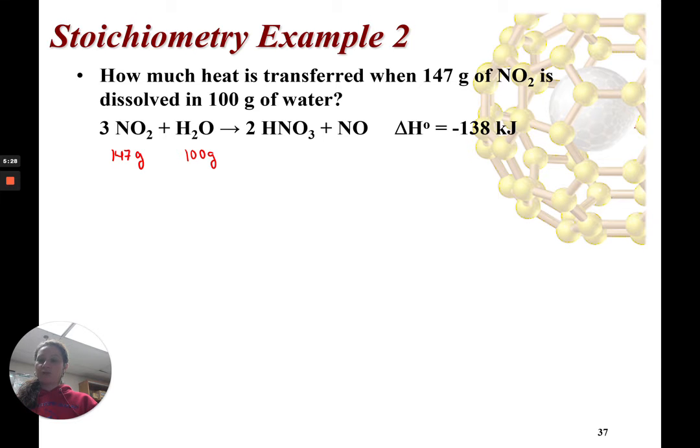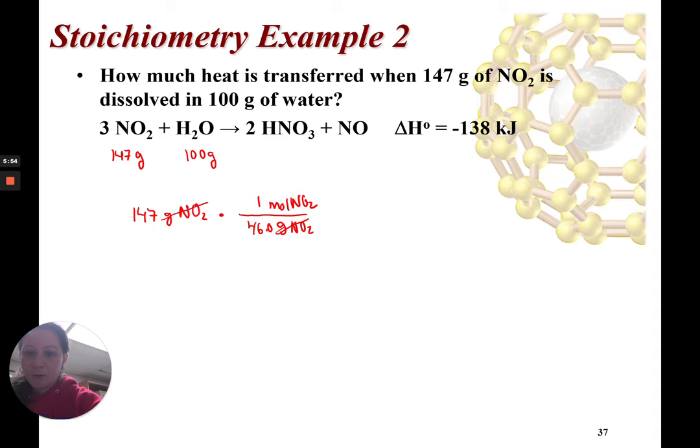So I'm going to use that last method here, but you feel free to use whatever method you like to find the limiting reactant, and that's the one that you use. So I'm going to start with 147 grams of NO2, and I'm going to convert that to moles, so grams of NO2 on the bottom, moles of NO2 on top, and the molar mass of NO2 is 46 grams per mole.